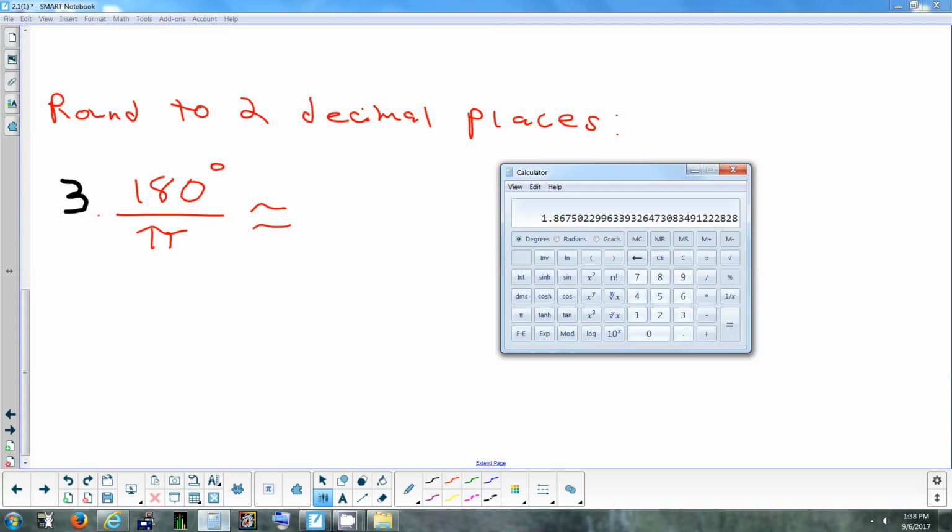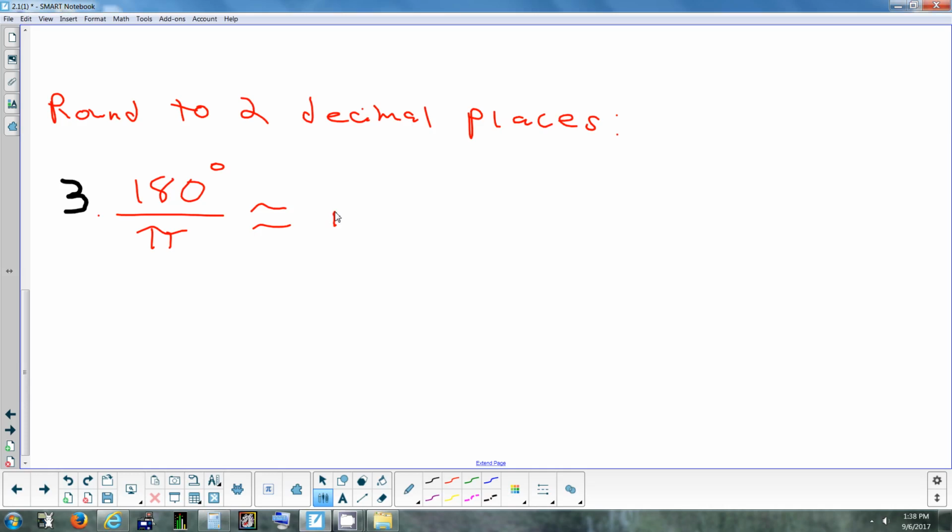Okay, 3 times 180, that's 540. And I'm going to divide by pi. So using the pi button, I get 171.89. And that's degrees. If you don't use the pi button, let's say you use 3.14, let me show you what happens.